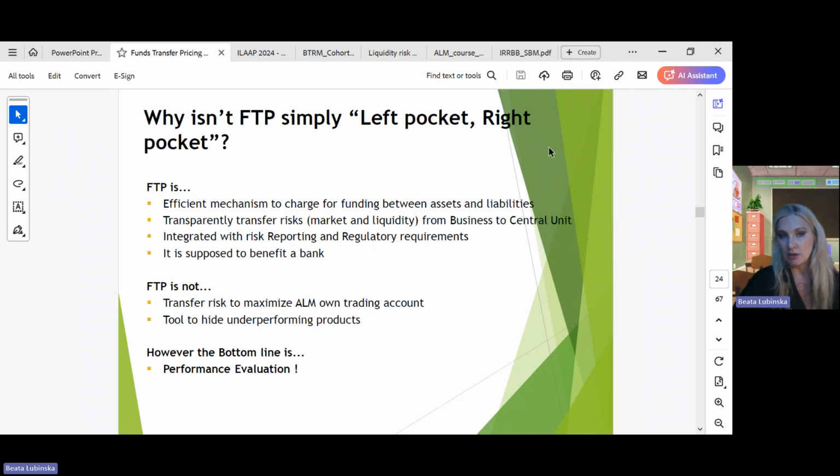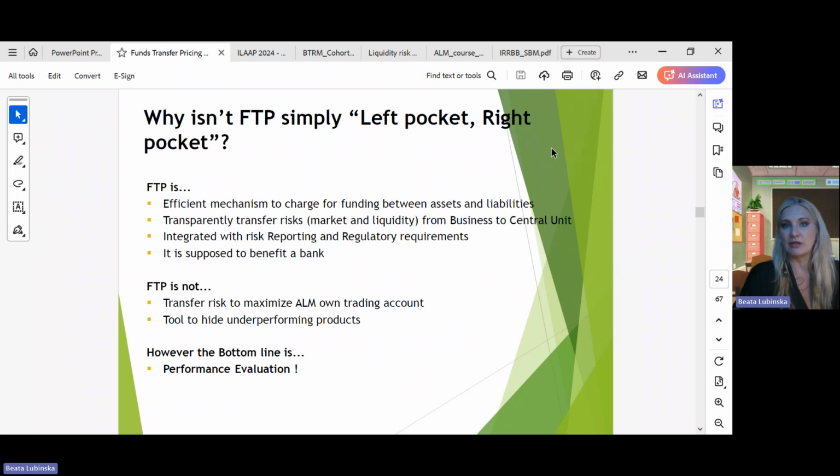The regulator is referring to MMFTP, which is maturity matched funds transfer pricing, run by the central unit.